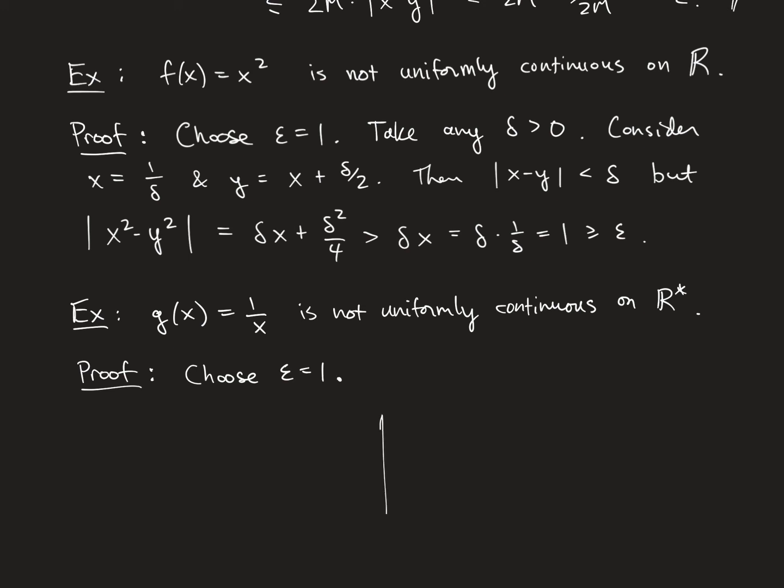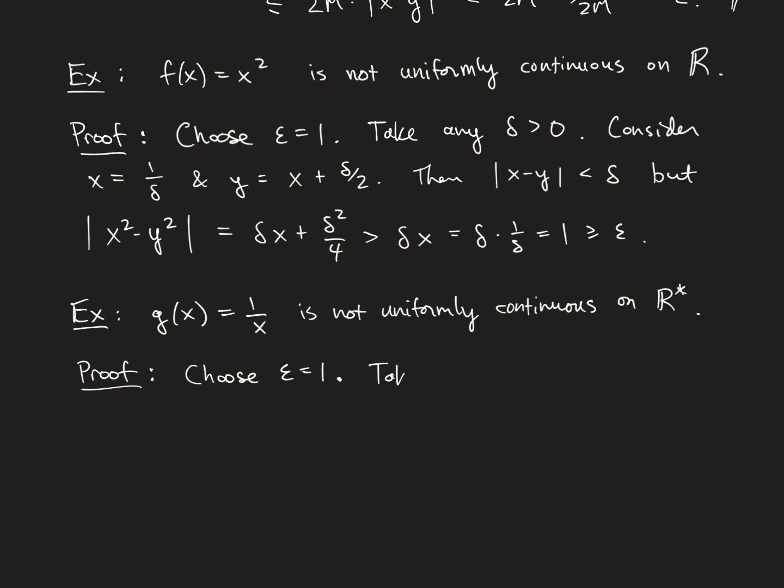So basically, you know what this 1 over x function looks like, there's always going to be x and y close together near 0, whose images are separated by more than 1, right? And that's kind of intuitively obvious. So we're just writing that down in a more rigorous way.